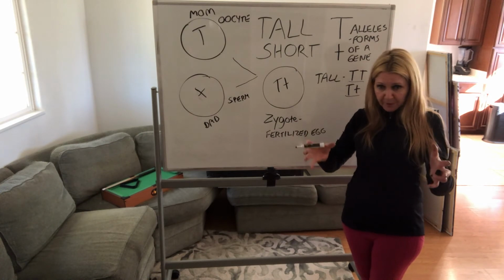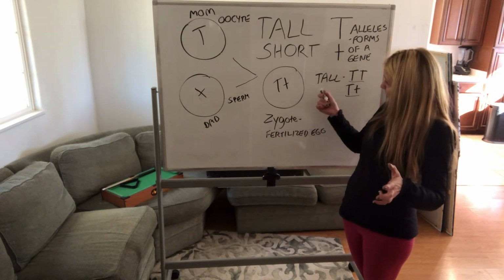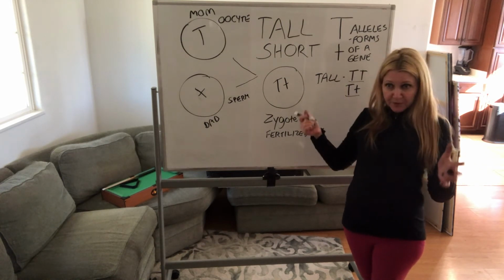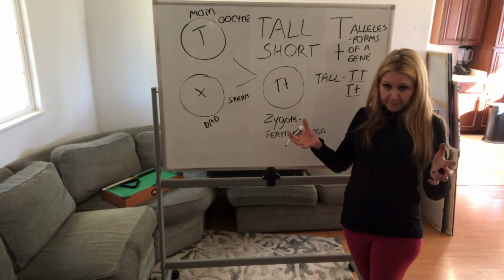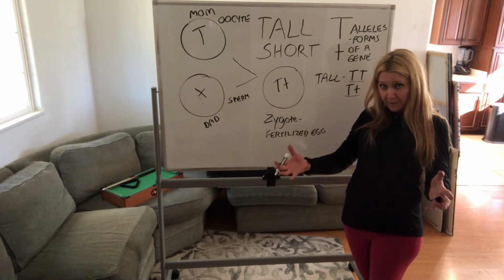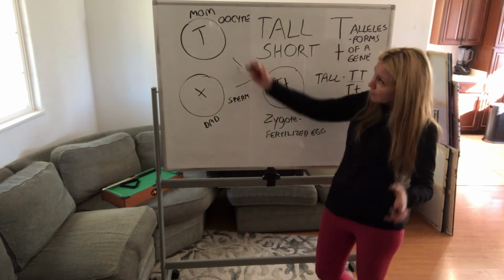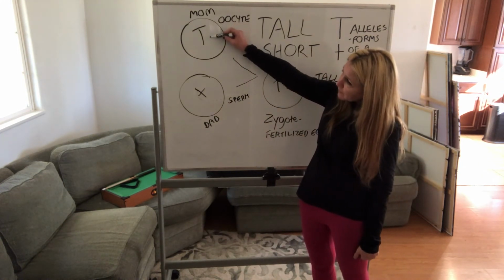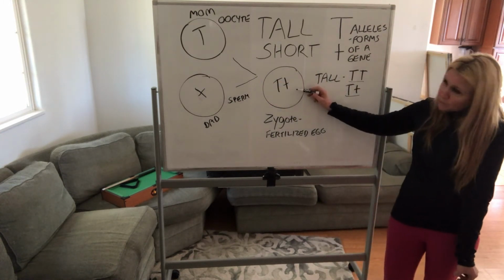They're going to have one from mother, one from father. For every trait, you're going to have at least two forms of the gene. One comes from mother, one comes from father. Those forms of the genes are alleles. So here we have an allele from the mother, here we have an allele from the father, and this is what it looks like.